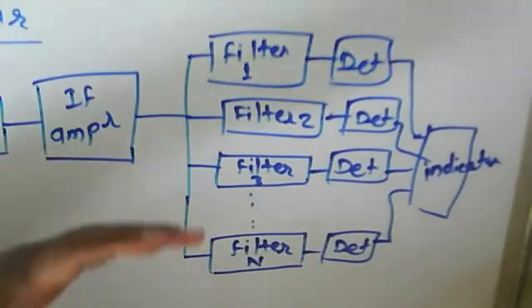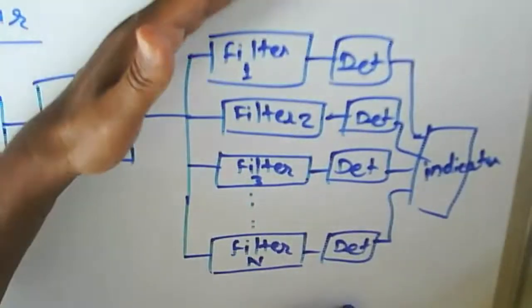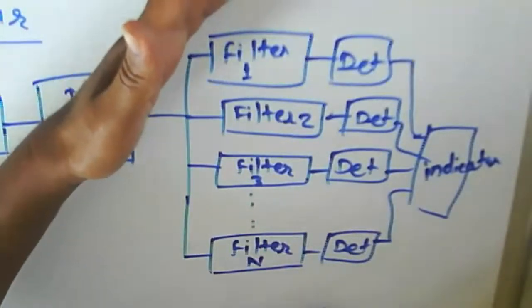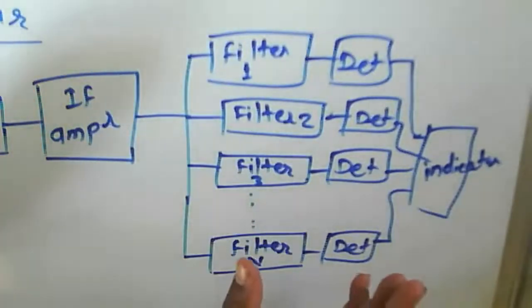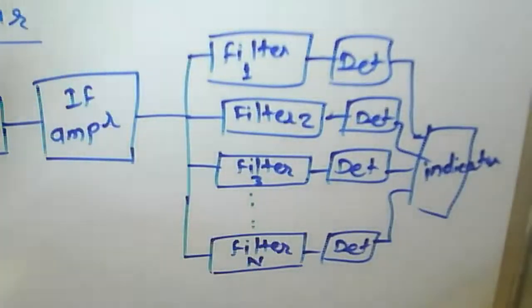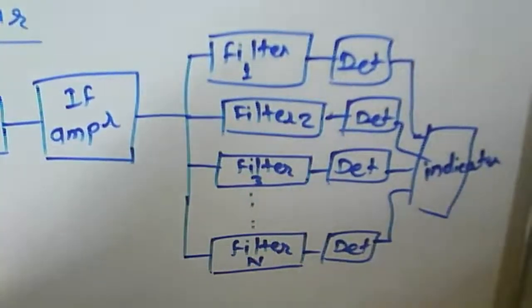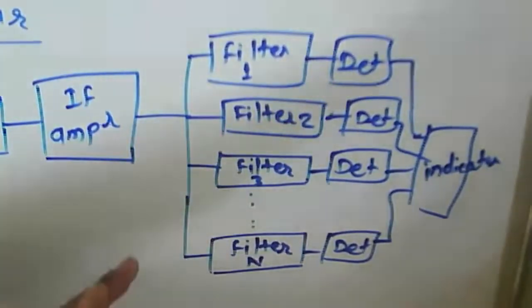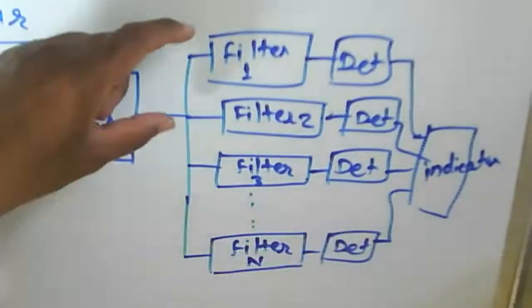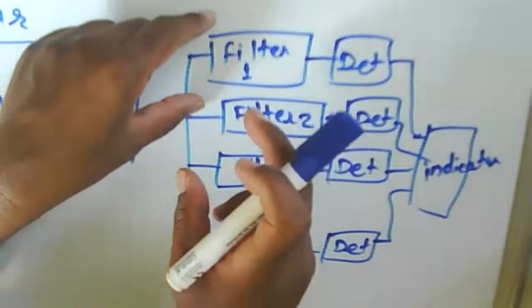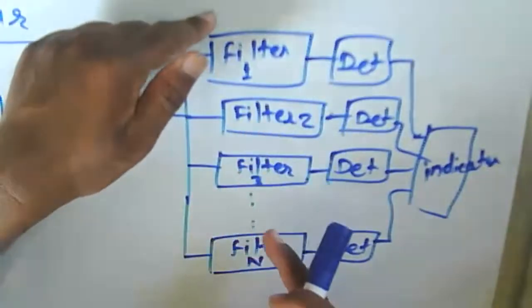So our aim for the Doppler filter amplifier is to work in wideband operation. If we are supposed to use a single filter, then noise will be increased, and sensitivity will not be improved. So to avoid it, we are supposed to use narrowband filters, a narrowband filter bank here: filter one, filter two, filter n.